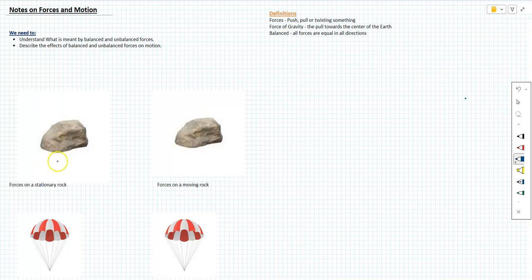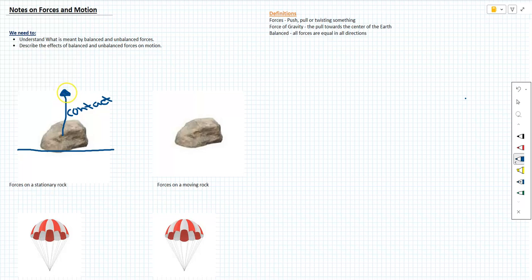So when it's not moving, it only has two forces acting upon it. It is the upward force, and hold on, before we go to the upward force, we have an area that this rock is lying on, right? Okay, so now we have the upward force called the contact force, and it's moving upwards.